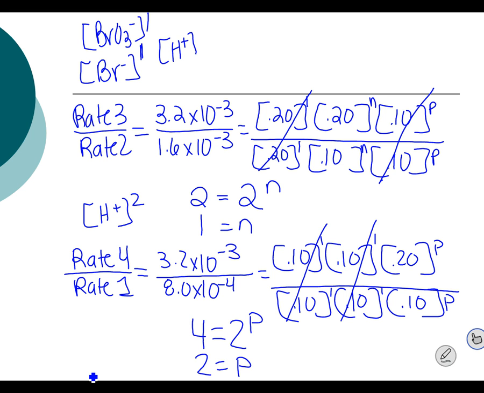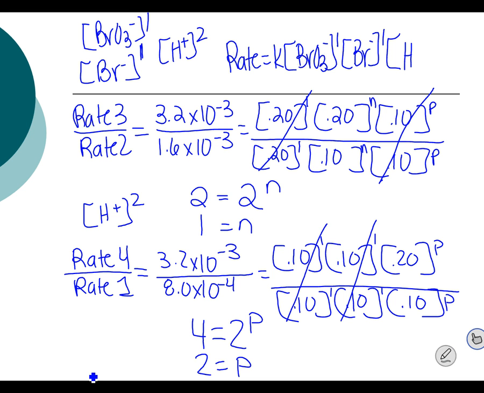So now that I have all my orders, remember our first step was to get my orders. Now I can write my rate law. Rate equals K times our bromate, which is first order, our bromide, which is first order, and our hydrogen, which is second order.